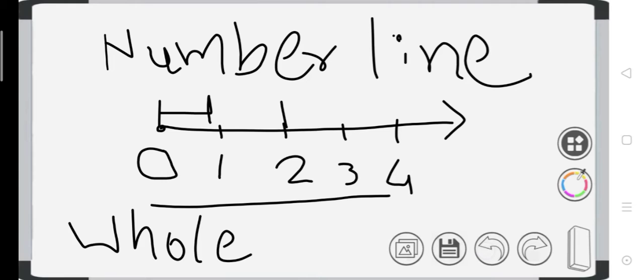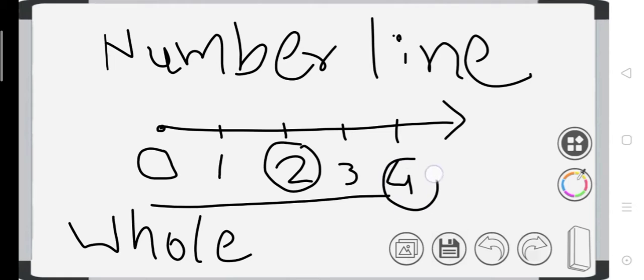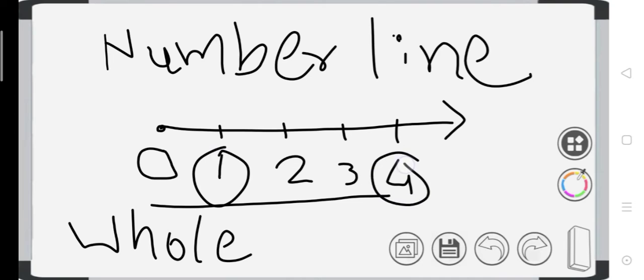But if we talk about the distance between 2 and 4, how many numbers are there in between 2 and 4? You can say there is one number between 2 and 4. Either way, you do the subtraction, 4 minus 2, so you get 2. Clear? Now if I ask what is the distance between 1 and 4, you do 4 minus 1, so you get 3.